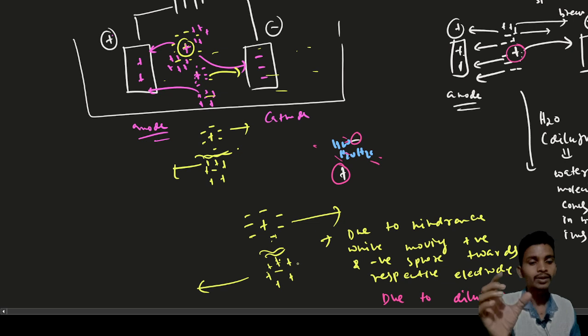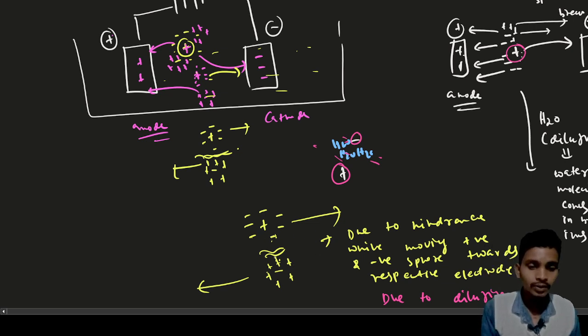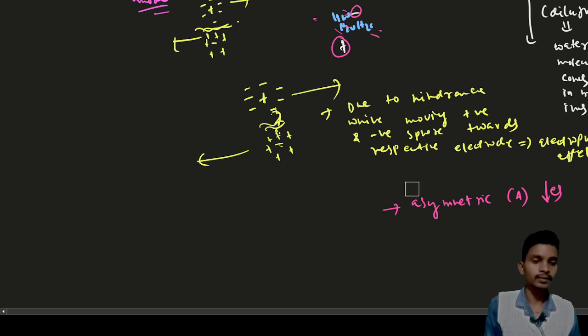When they are moving towards the respective electrodes, in between, because the positive is surrounded by negative, and the negative charge is surrounded by positive, they get the hindrance. Due to that, the hindrance created, that effect is called the electrophoretic effect.